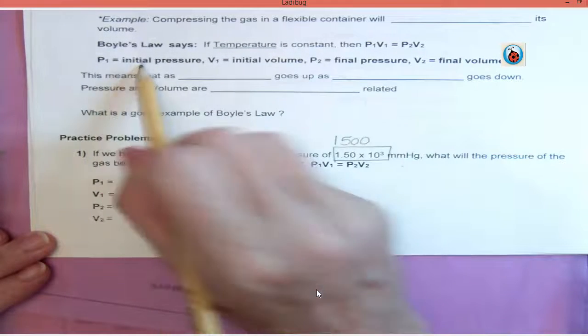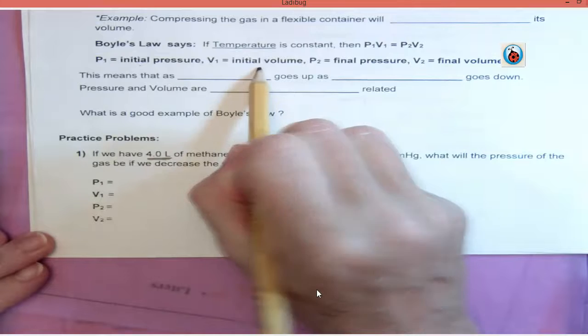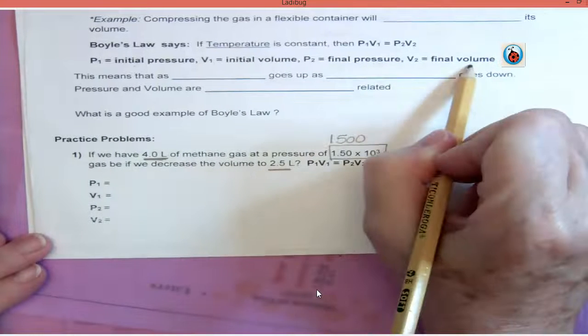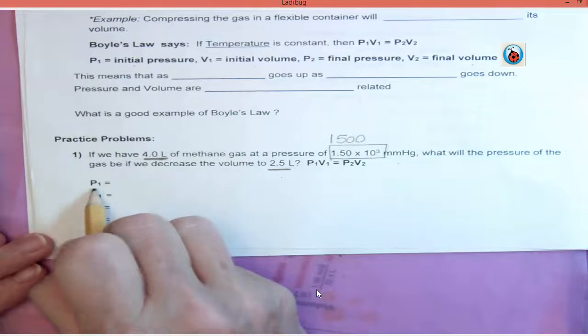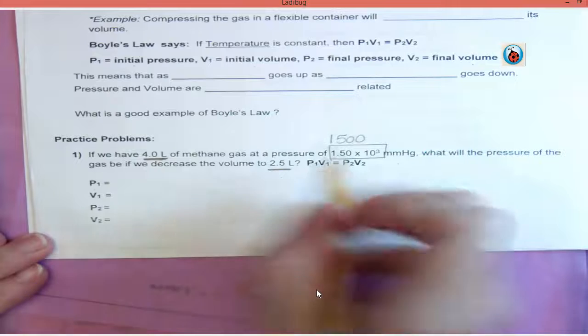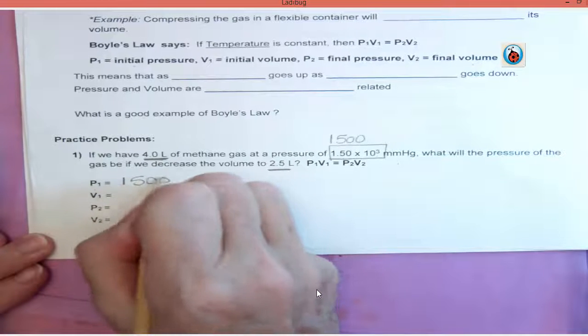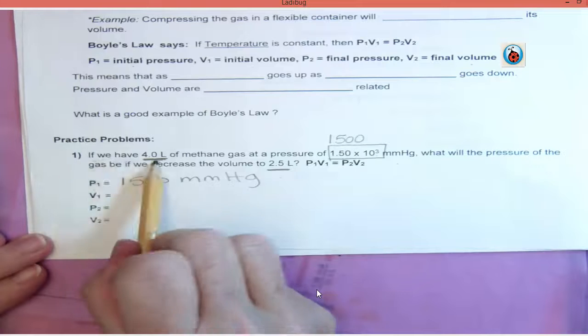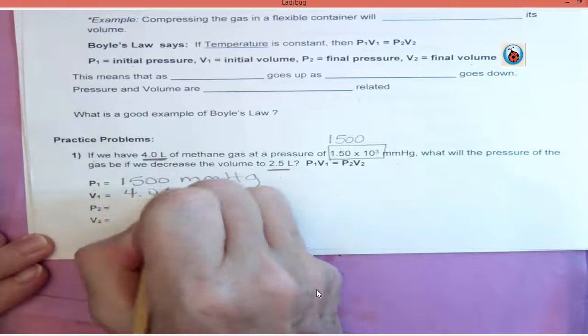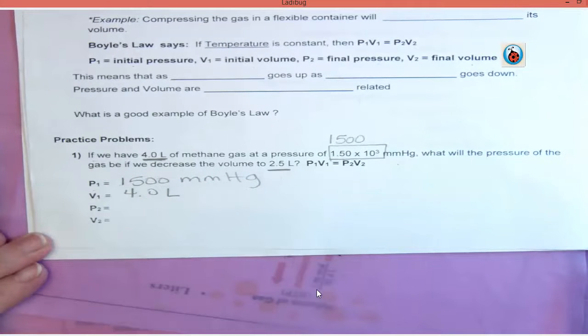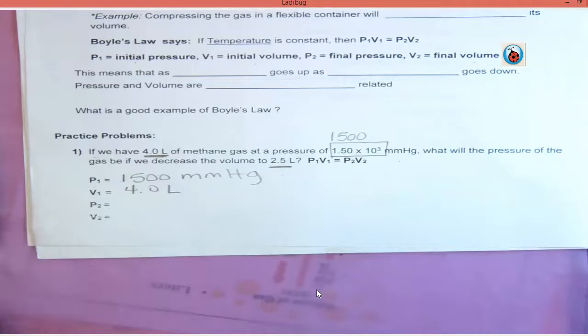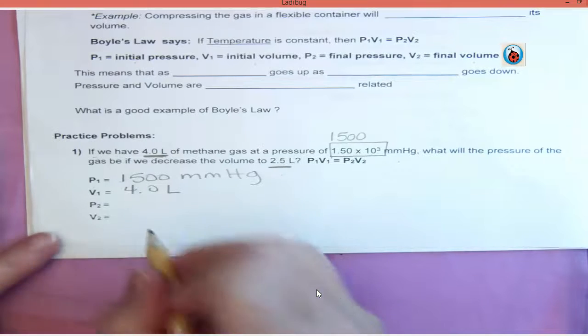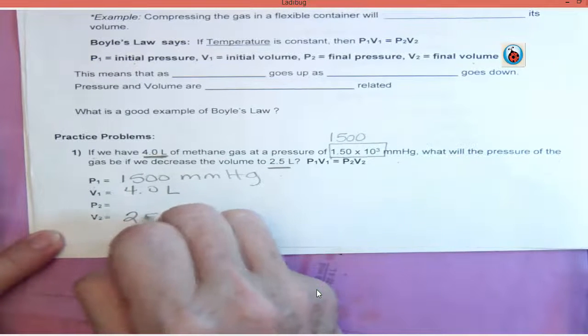This law says initial pressure times initial volume equals final pressure times final volume. So our initial pressure was what? 1,500 millimeters mercury. And my initial volume was 4.0 liters. What will the pressure of the gas be if we decrease the volume to 2.5 liters?